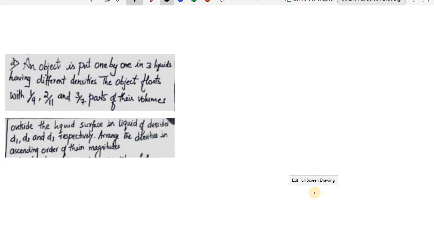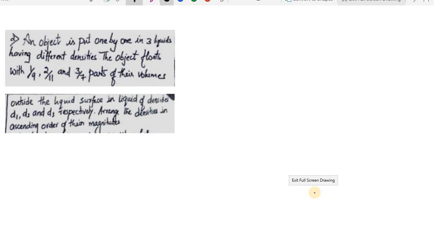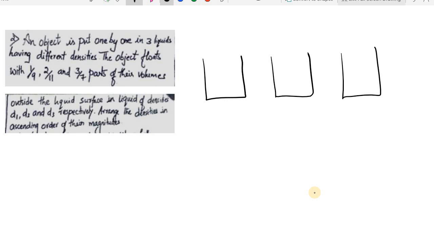An object is put one by one in three liquids having different densities. So let us take three liquids, and let's take an object which is put in one, and then we would take the same thing and put it into the next one and into the next one.